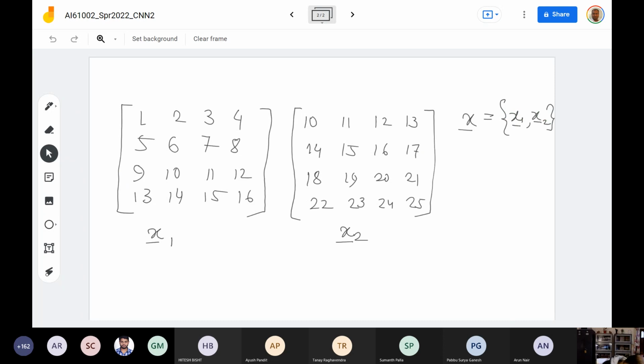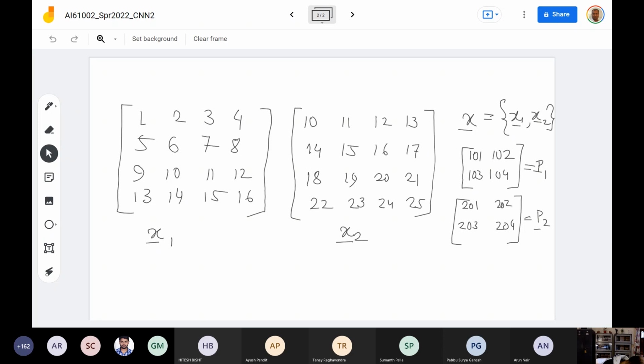And then I write down my P. Say this is 101, 102, 103, 104. This is equal to the first channel of P, and 201, 202, 203, 204. This is equal to my second channel of P. In that case, what will my first location look like?